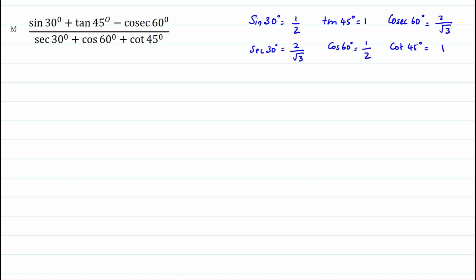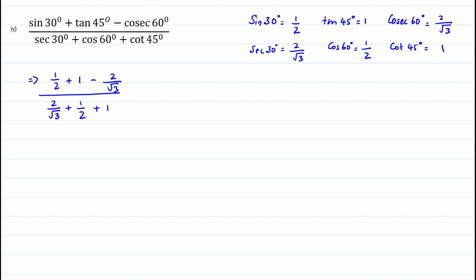Sine 30 is given by 1 by 2. 1 by 2 plus tan 45 is 1 minus cosecant 60 is 2 by root 3. Whole thing divided by secant 30, 2 by root 3, then plus cos 60 is 1 by 2 and cot 45 is 1 plus 1.